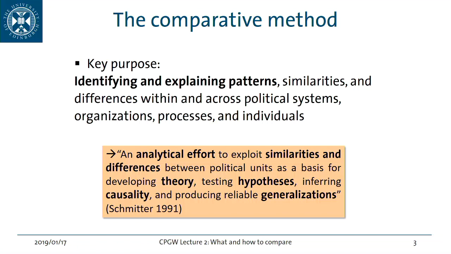So we want to see patterns, and we go about identifying these patterns by looking at the similarities and differences between political units, and we want to develop a theory that includes some factors that influence other factors, right?